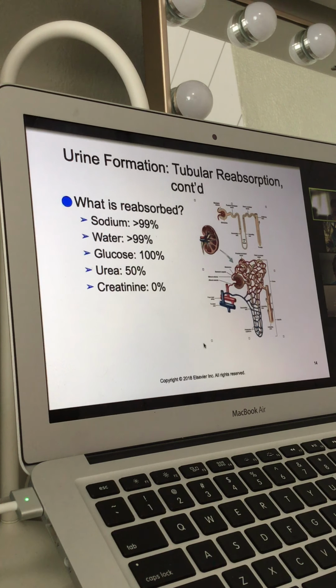So if sodium is not reabsorbed by the tubules, what do you think will happen? It will be excreted, and if sodium is excreted, water will always follow it. So water will be excreted, so the person will have diuresis.